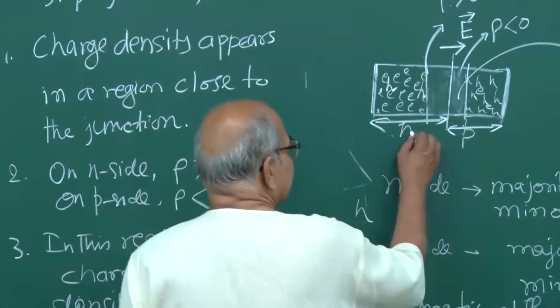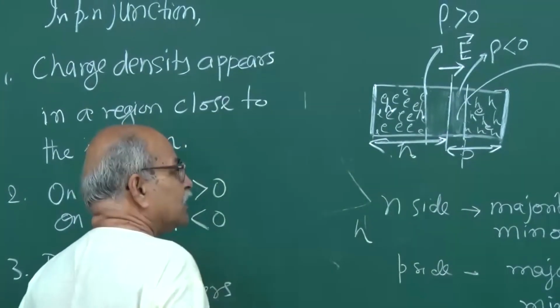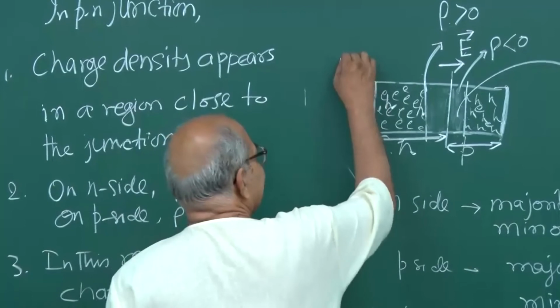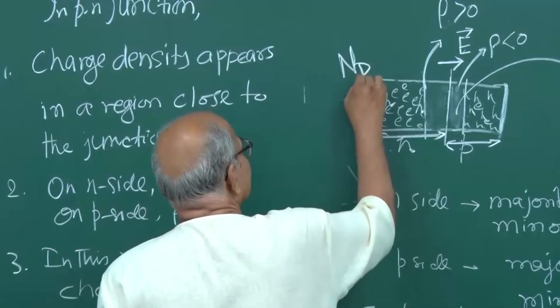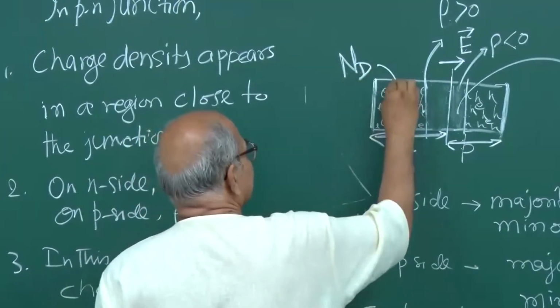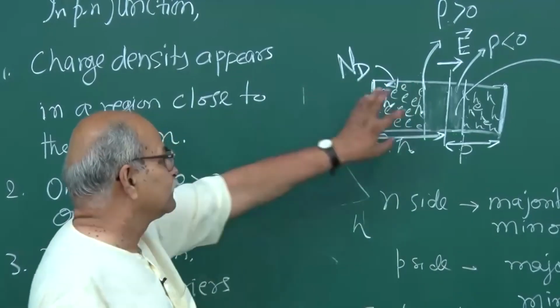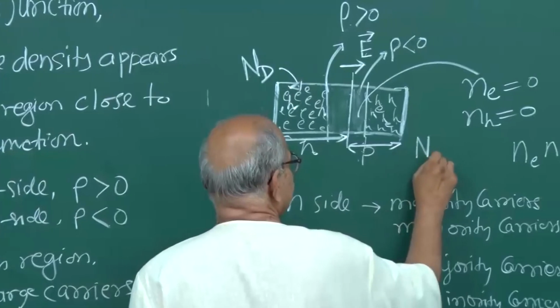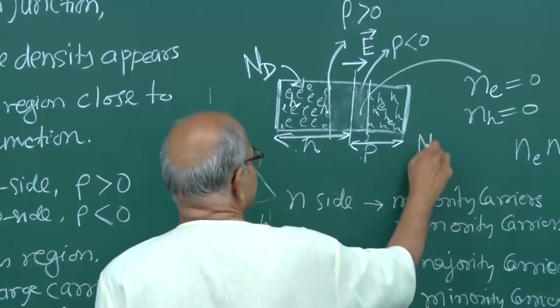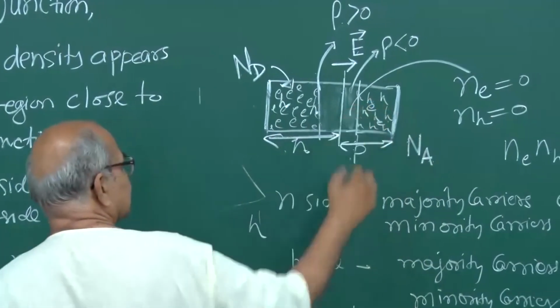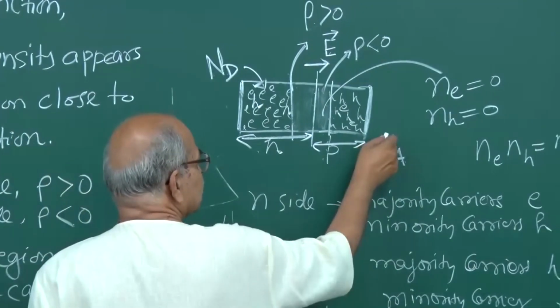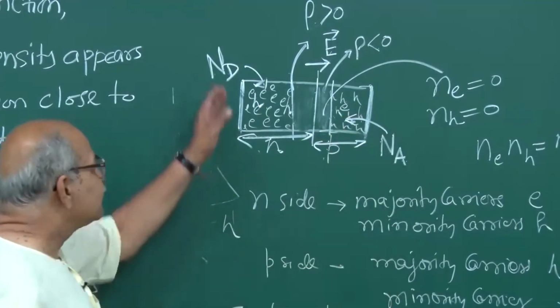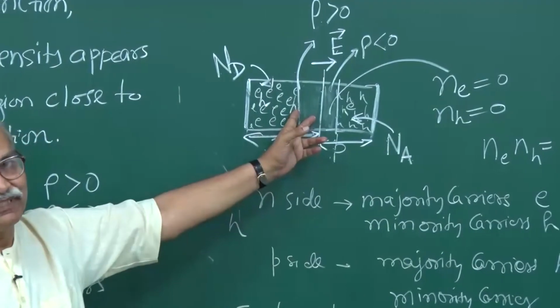N type has donor ions, so Nd is the donor ion concentration, the one we have doped. And this side is acceptor, so this impurity is acceptor, and Na is the number of acceptors that we have doped per unit volume. That decides this width.